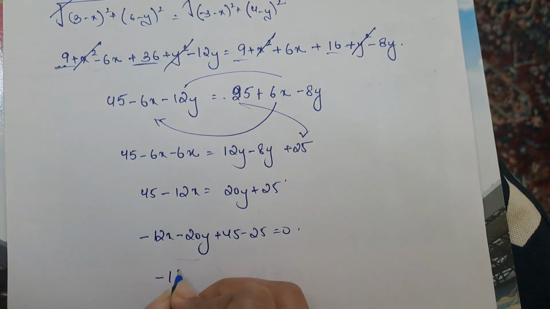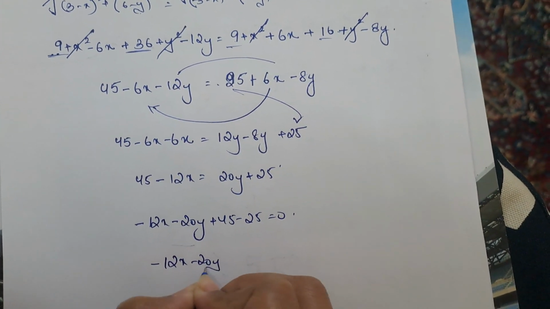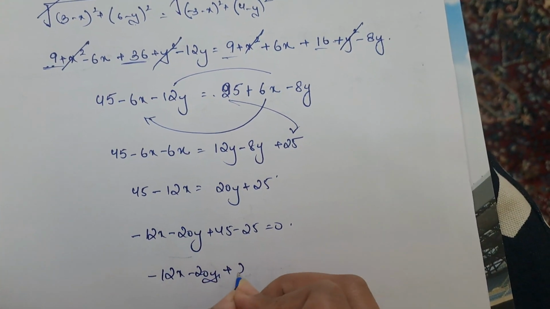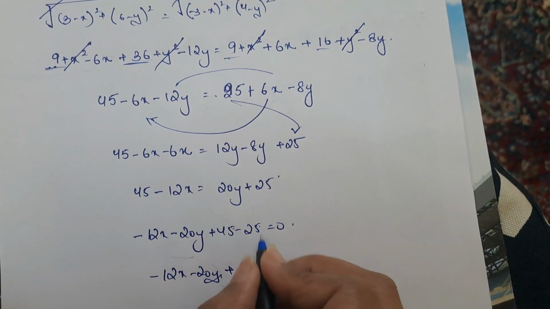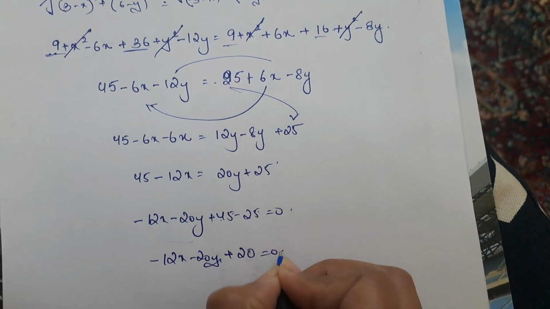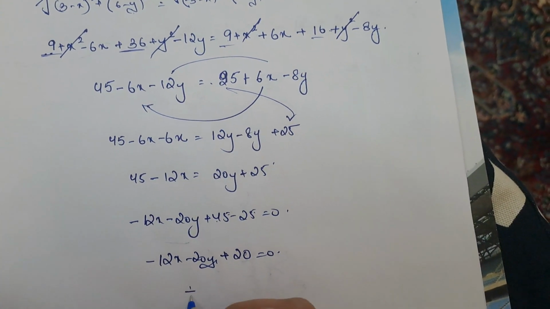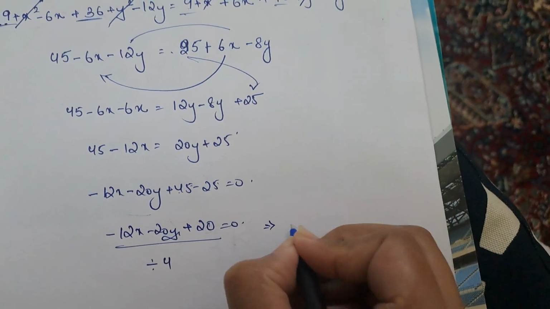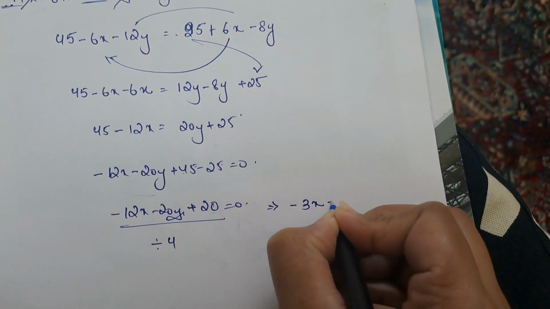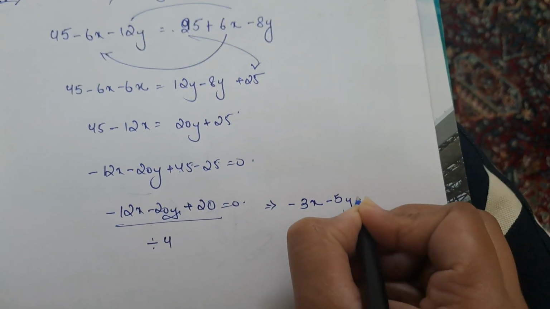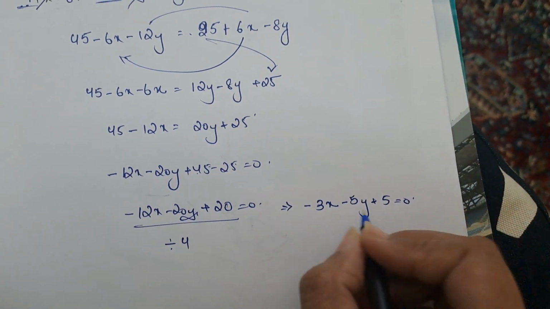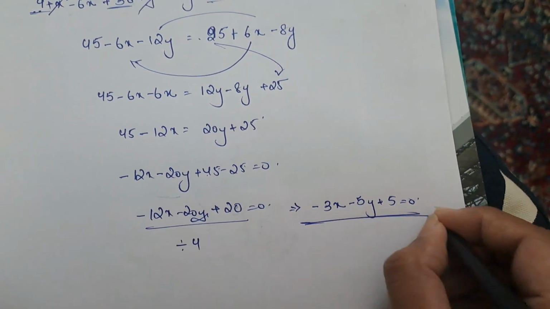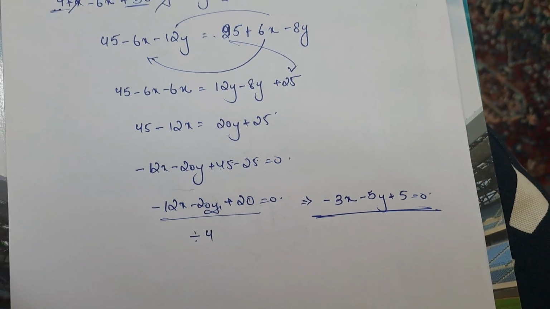That turns out to be minus 12x minus 20y plus 20 is equal to 0. Now the full equation can be divided by 4. When I divide it, it becomes minus 3x minus 5y plus 5 is equal to 0. So this is the relationship between the points.